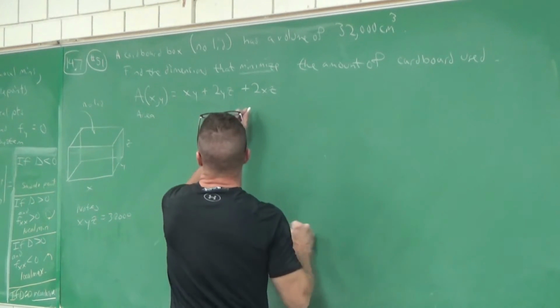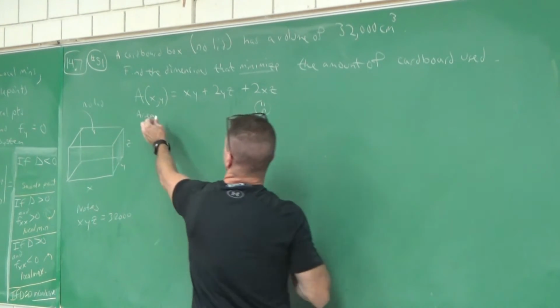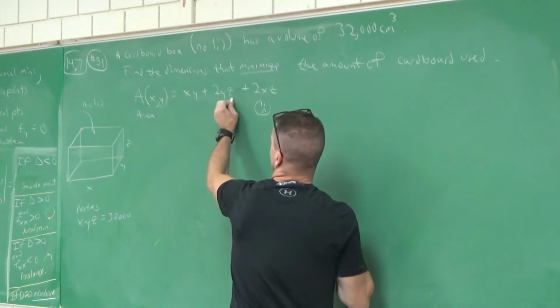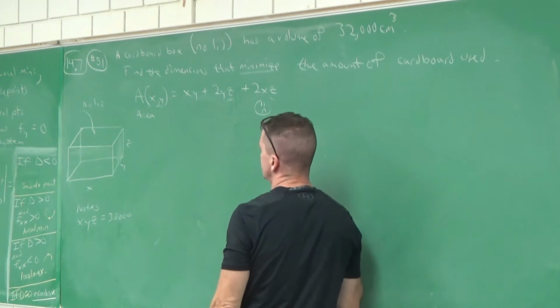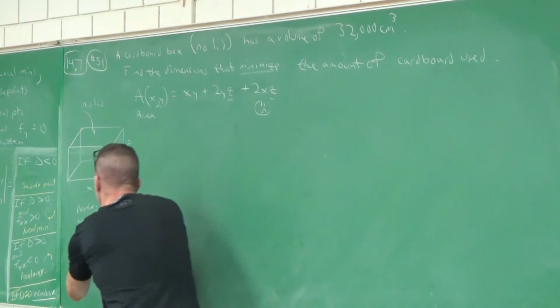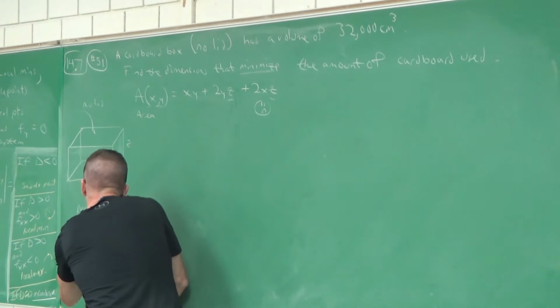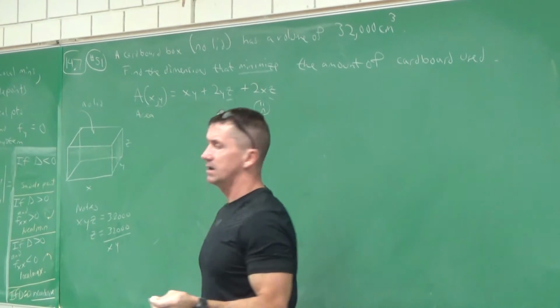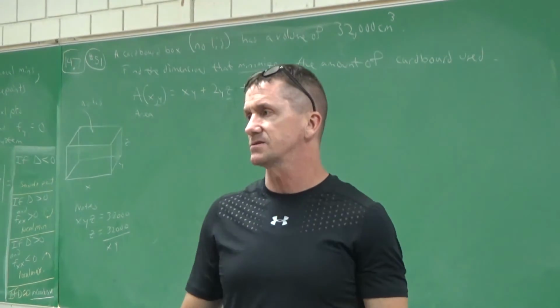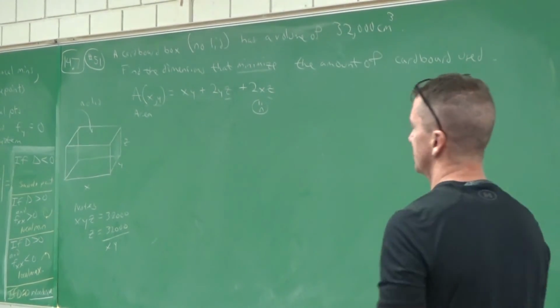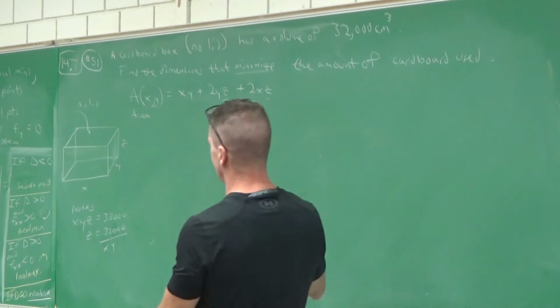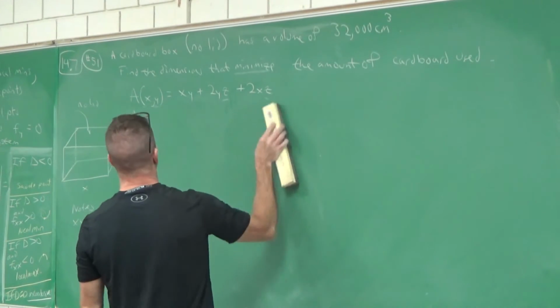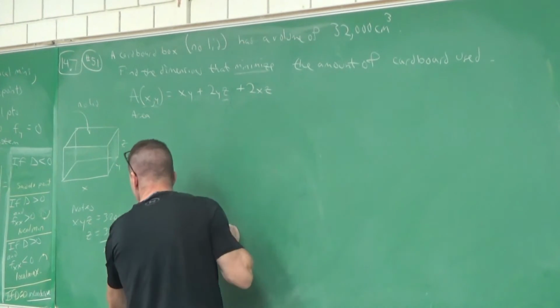Because right now it's not working, since this can only be a function of x and y, and I've got these darn Z's there. So what's z equal to? 32,000 over xy. Now it may look like this thing's going to turn into a monster. We'll hang with it, it won't be bad. We'll just take it slow.